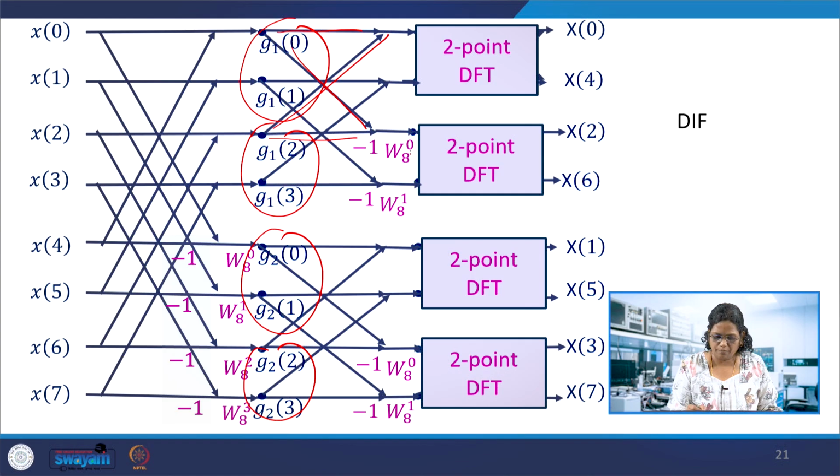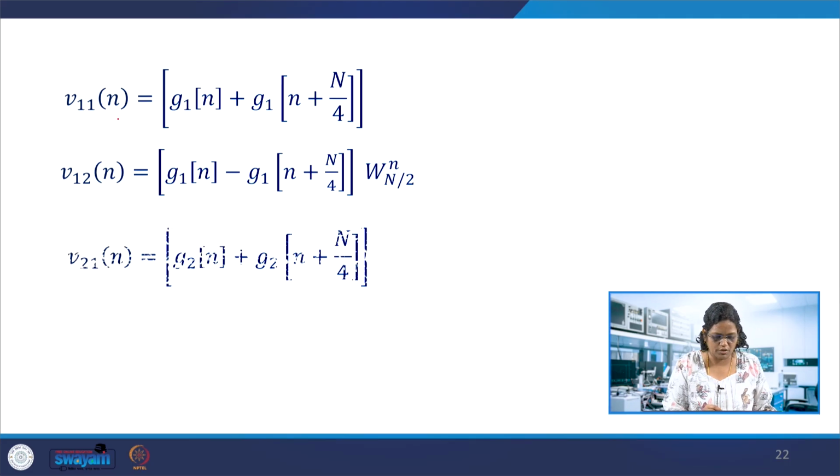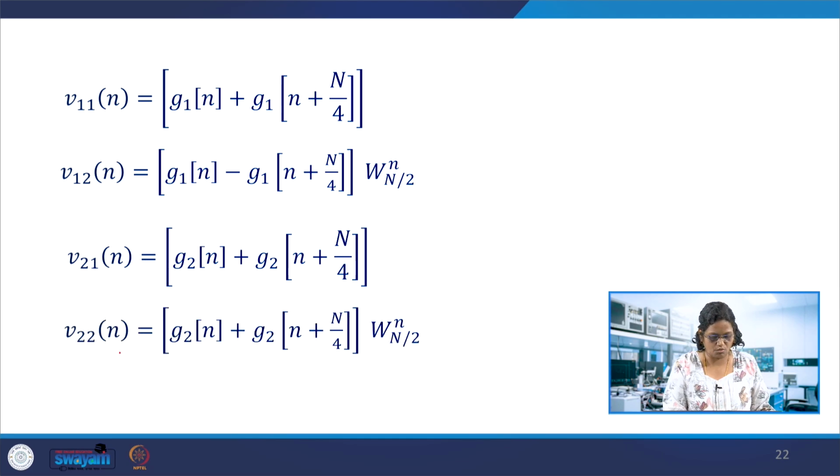So for the rest of them, you can see the butterfly which is having -1 and then multiplied with W8^0, W8^1. So the 2 points now change, and again we get this G1 and name them V11 and V12, or whatever way you like, V21 and V22.